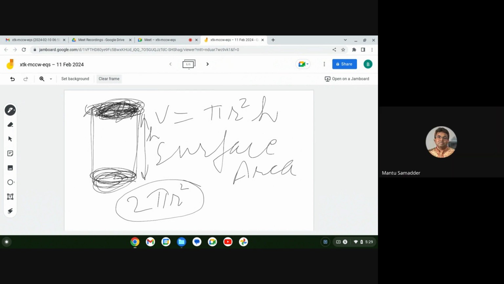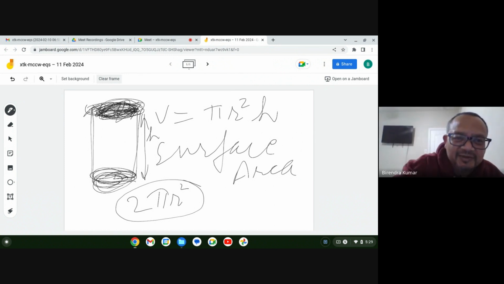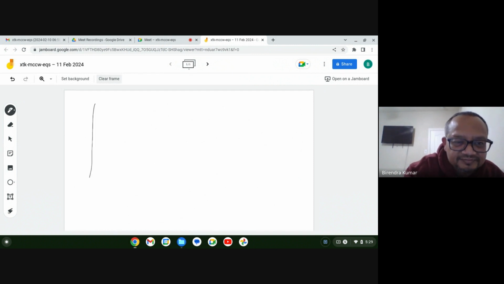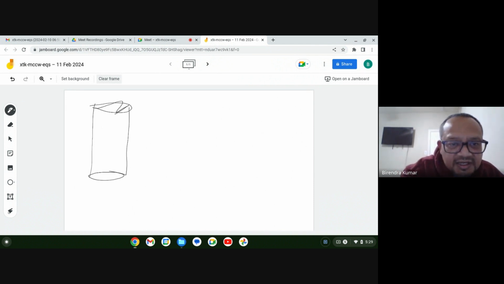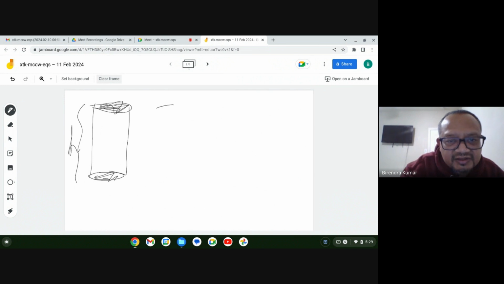Let me make it a little clearer. This is my center. This area and this area, this is h, the height. You found this area and this area. This is pi r square, and this is also pi r square.